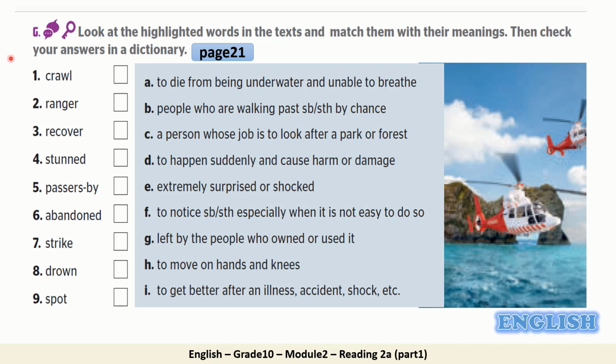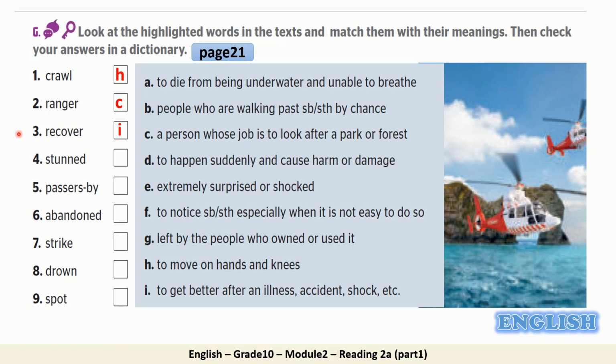Let's share answers. Number 1, crawl. The answer is H, to move on hands and knees. Number 2, ranger. The answer is C, a person whose job is to look after a park or a forest. Number 3, recover.